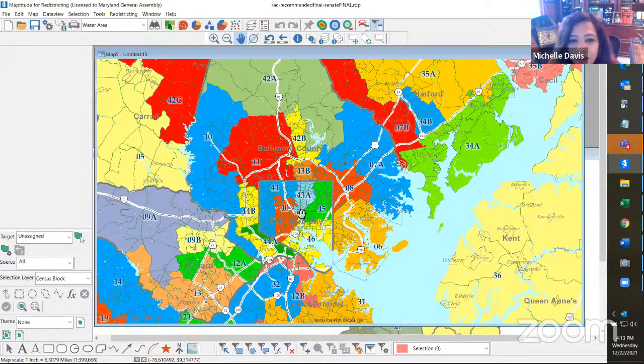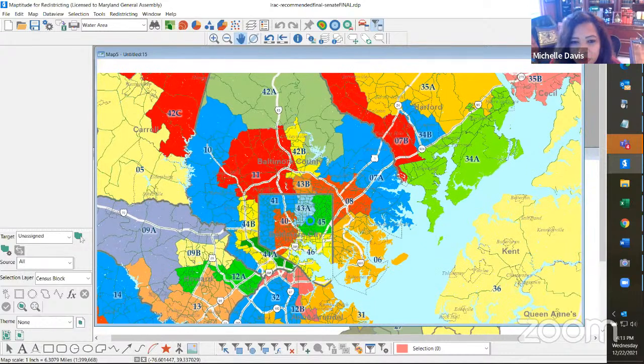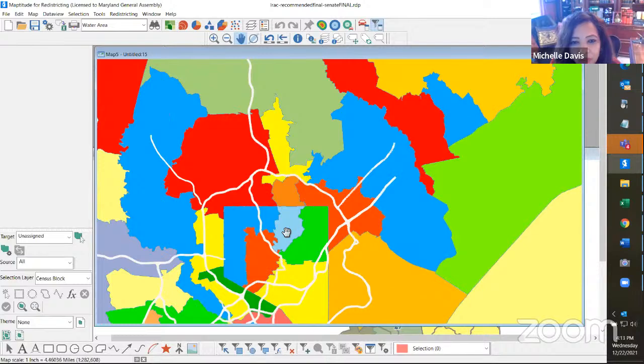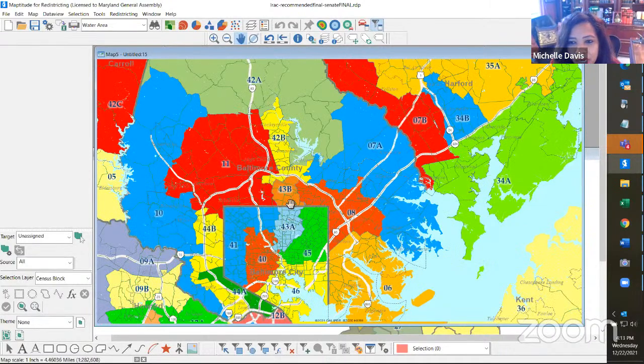So we have a new sub-district that is created in District 43 here. I want to get a little bit closer in there. So we have a 43A and a 43B now.